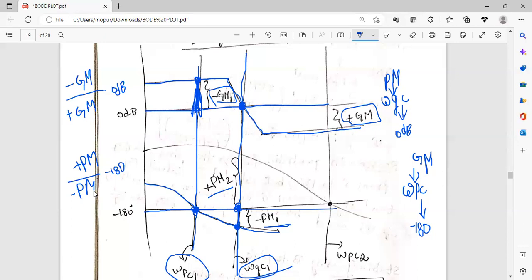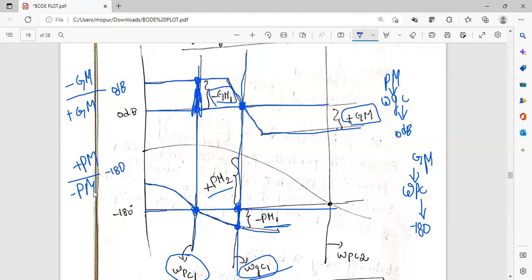First, the point of intersection of the 0 dB line and the magnitude plot will give you the gain crossover frequency. Then at gain crossover frequency, we will find the phase margin. That is, at gain crossover frequency, we draw a line and find the phase angle difference between minus 180 degrees and the phase angle plot, which gives the phase margin.